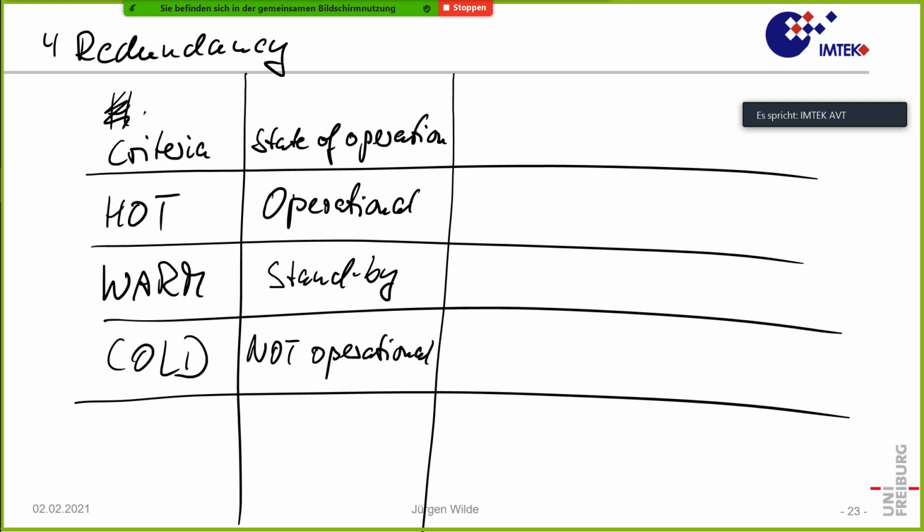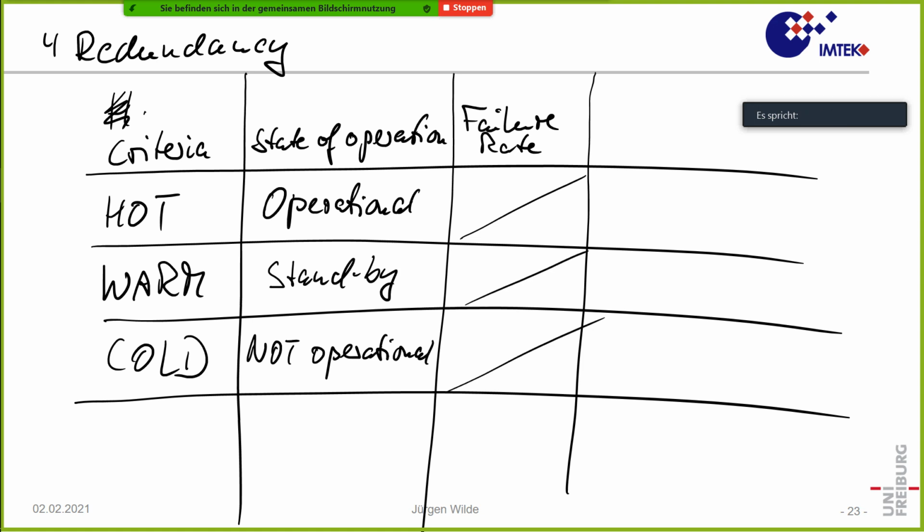Next criterion. What is the result of this? Here I would also distinguish something.